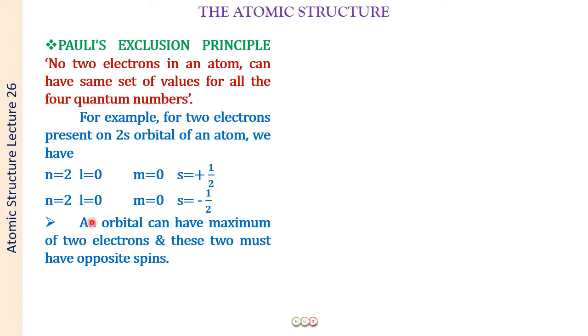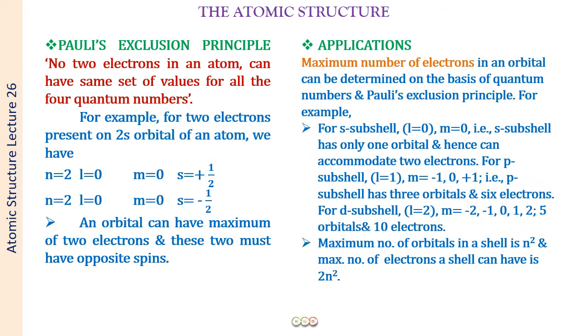Okay, so this means that an orbital can have a maximum of 2 electrons, and these 2 electrons must have opposite spin so that the quantum numbers do not remain the same, right? So the inference from here is that an orbital can have a maximum of 2 electrons.